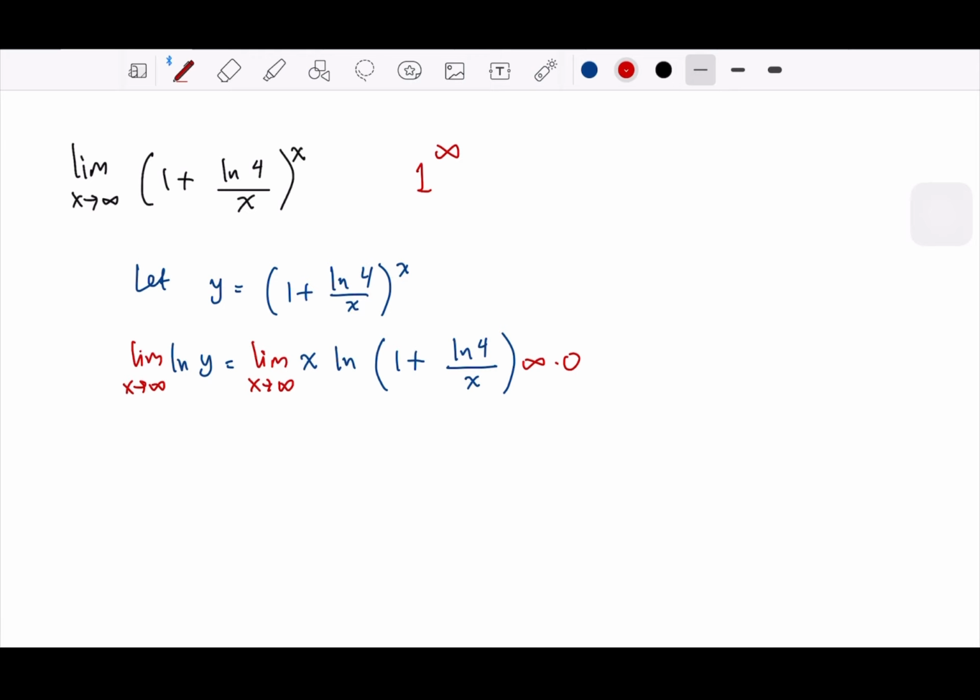Okay, so because we have ln, like I mentioned in the previous one, we have these two forms, x and ln of some function here. Okay, so let's say this is f and g. Of course, one of them should be our denominator, right?